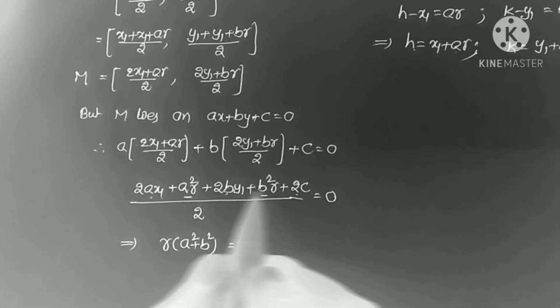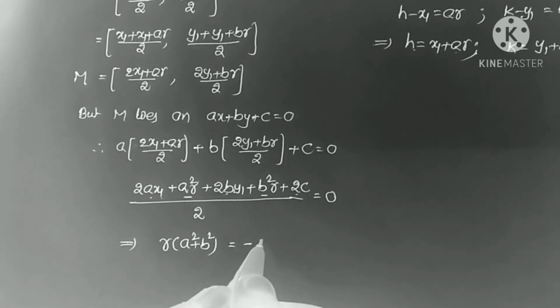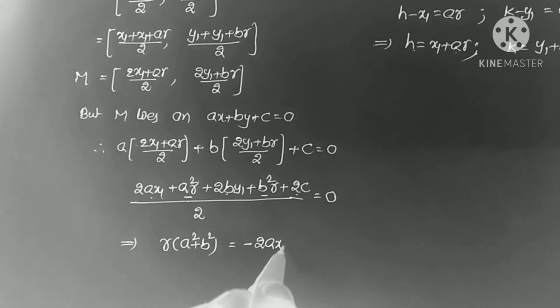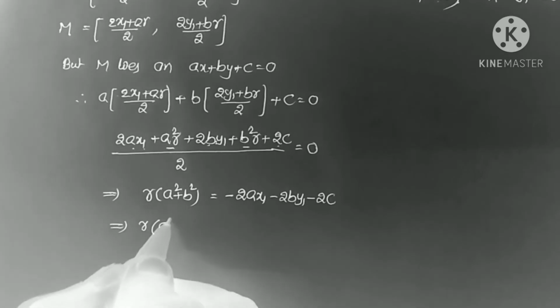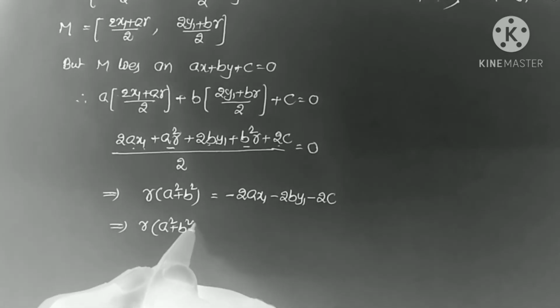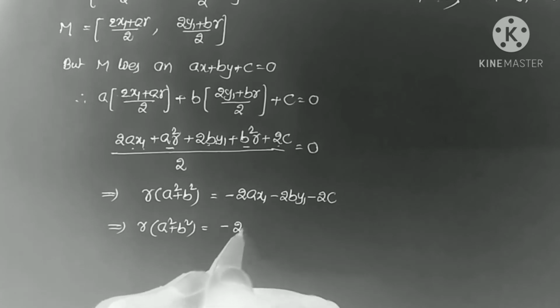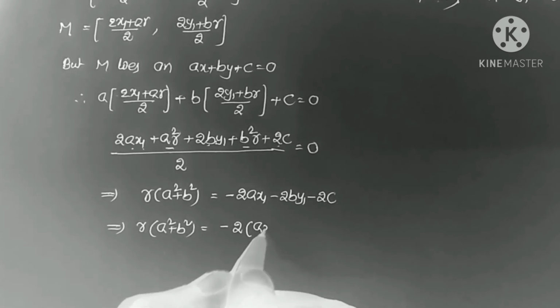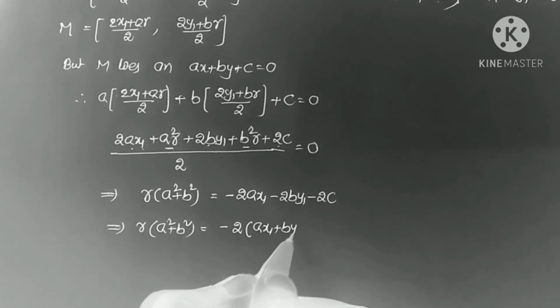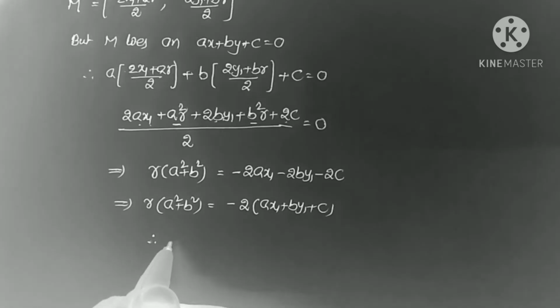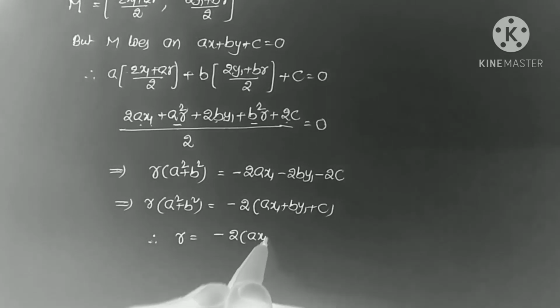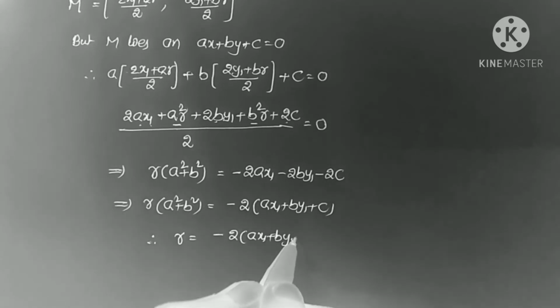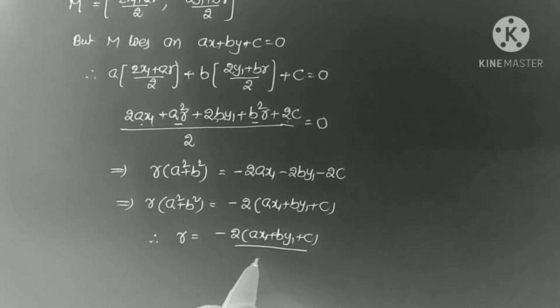We move these three terms to the right side, so they become minus 2ax1, minus 2by1, minus 2c. Taking minus 2 common, r(a² + b²) = −2(ax1 + by1 + c). Therefore, the value of r is −2(ax1 + by1 + c)/(a² + b²).